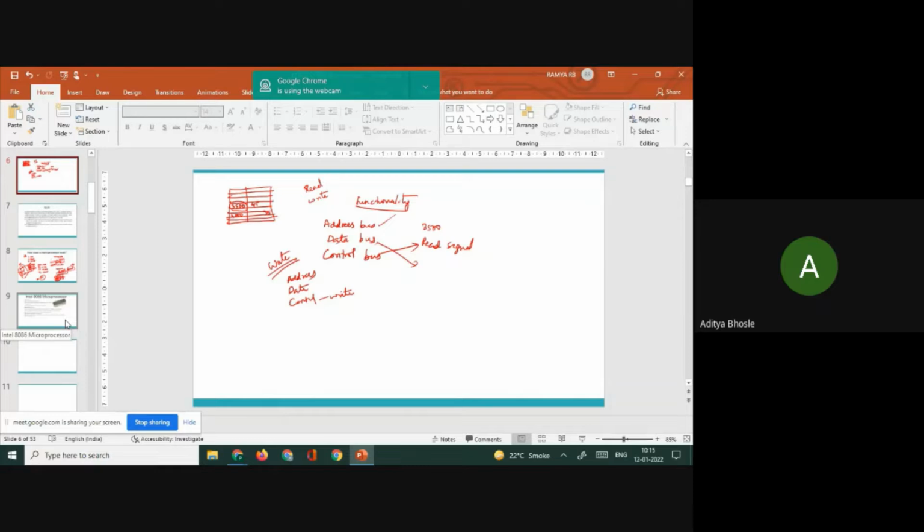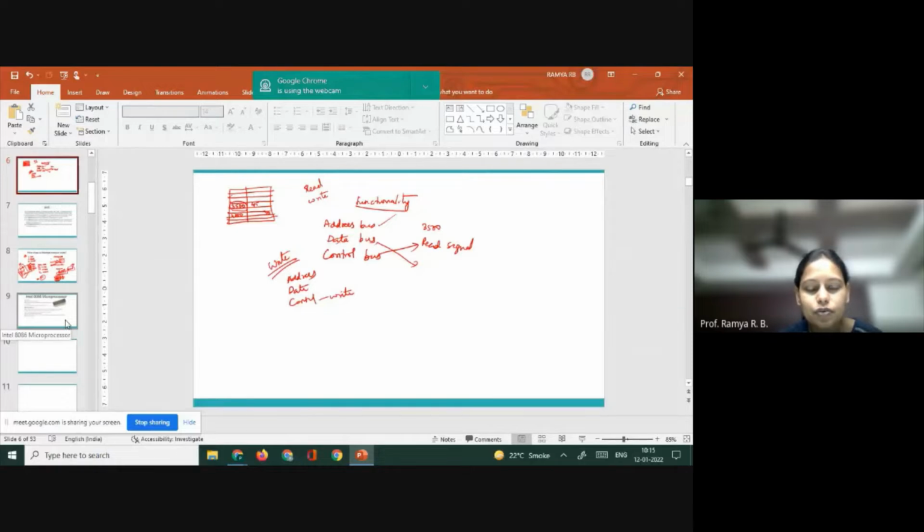So the actual operation, be it read or write, is not done by the control bus. It just carries the signal, whether it's a read operation or a write operation.